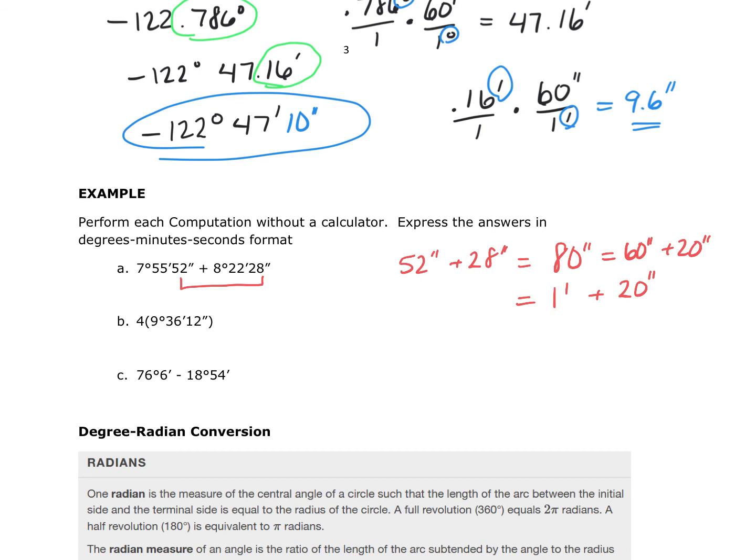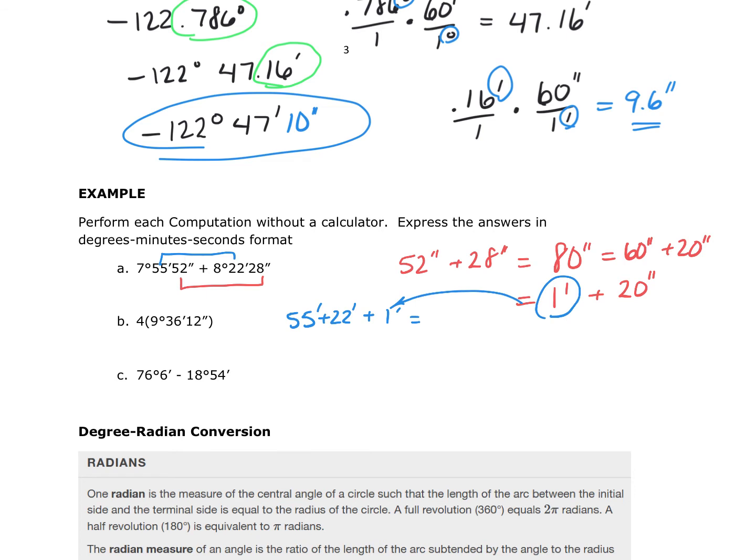So that tells me that when I'm doing my minutes here, which is the 55 plus 22, I need to add that 1 onto that. Or I could do this all at the end. I just like to do it as I go. So once again, this is my minutes. I'm going to add all these together: the 55 plus 22 plus 1 more.